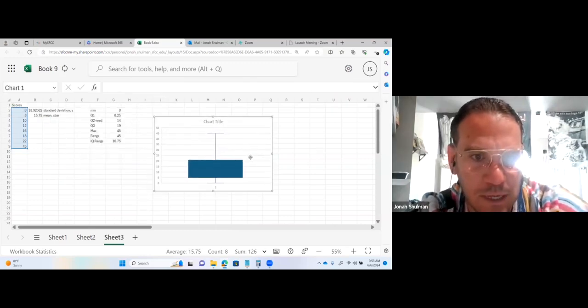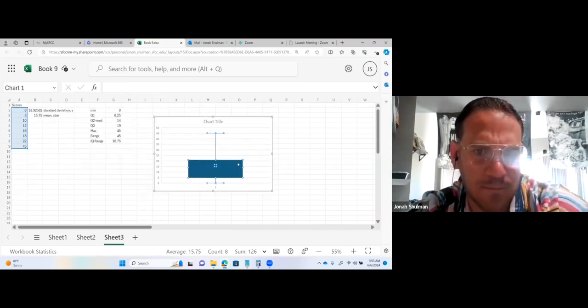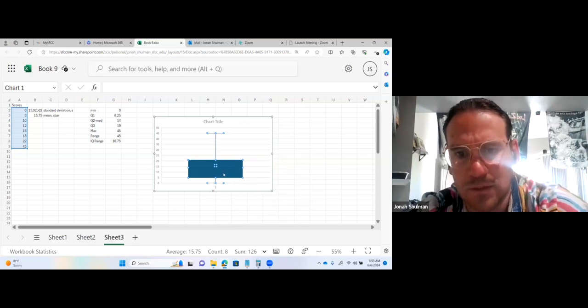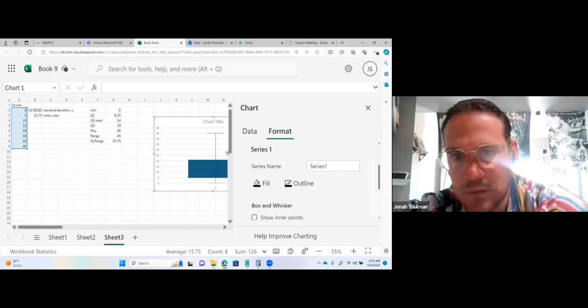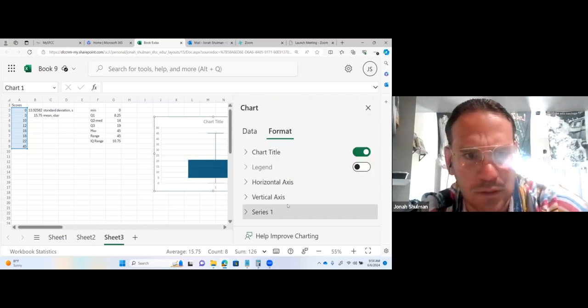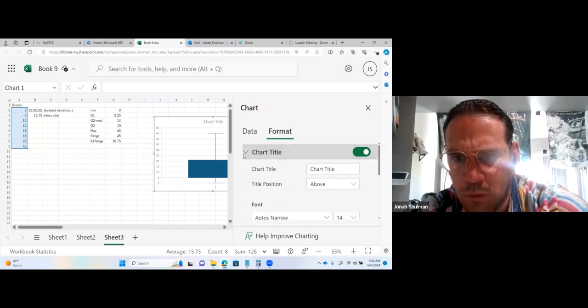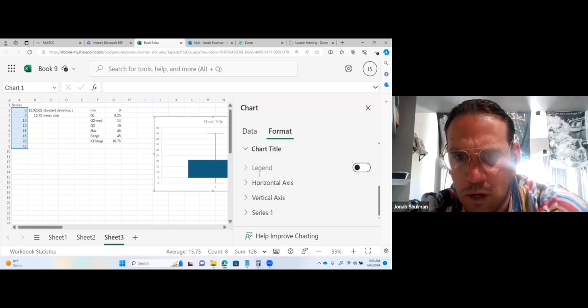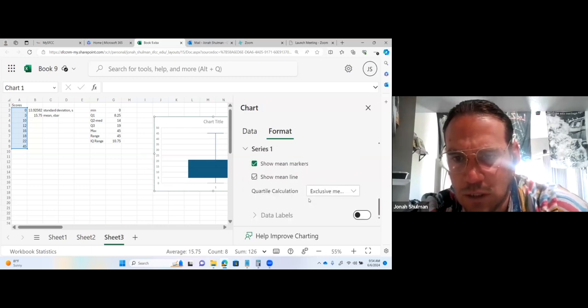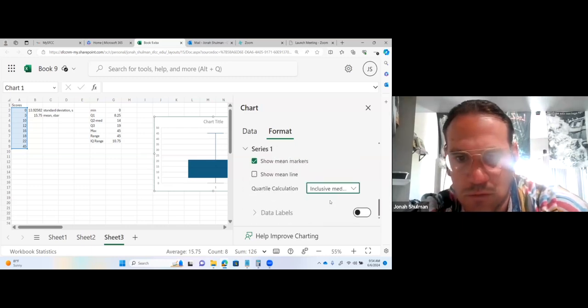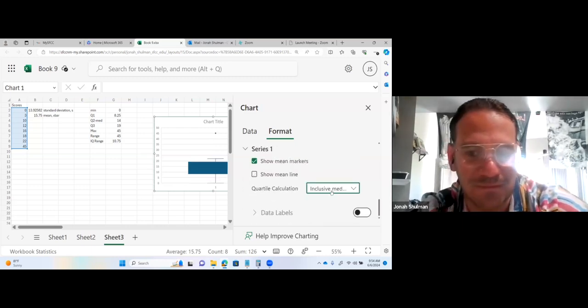Now it has this. Now there's things we can do with this. One thing that I really like to do is I always want to make sure that I'm including the middle. Notice how it just changed.